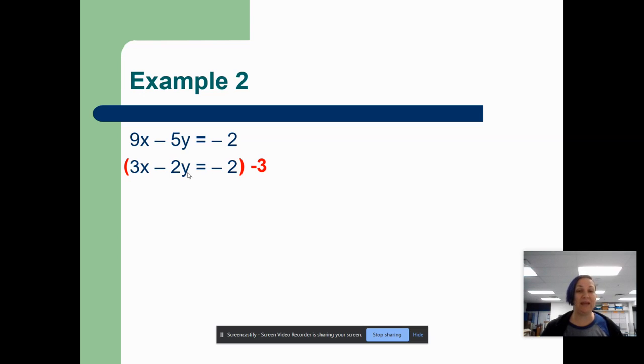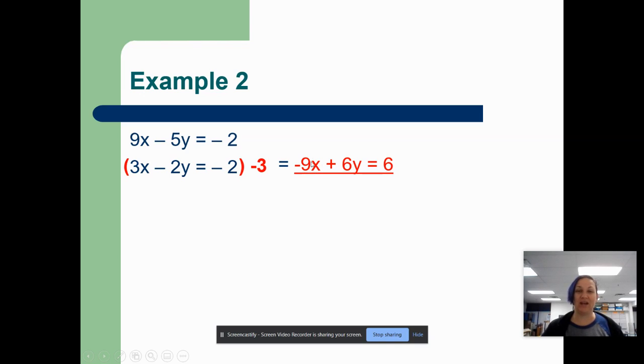And when you multiply by a negative, make sure that you are not only multiplying by the number, but also changing all of your signs. So it'll turn into a negative 9x, a positive 6y, and equal to a positive 6. So notice that all the numbers got multiplied by 3 and all of my signs changed.